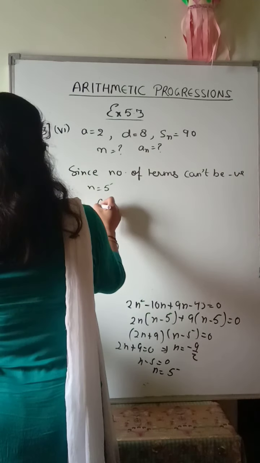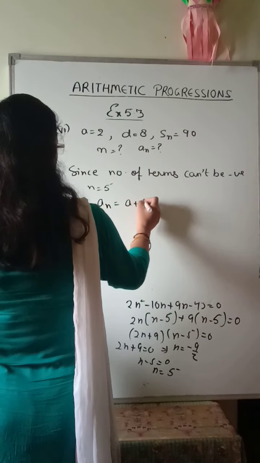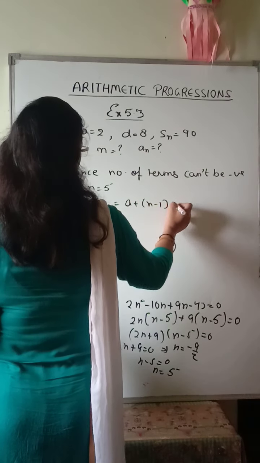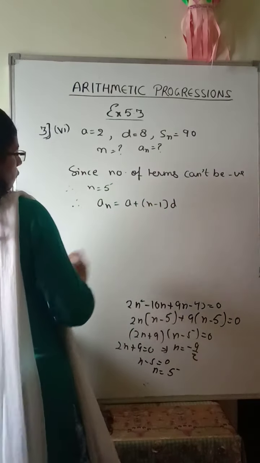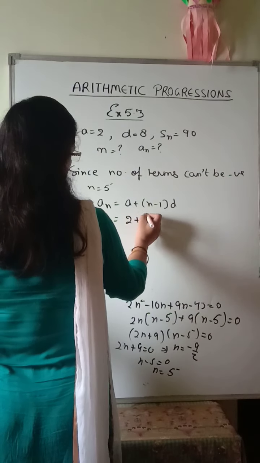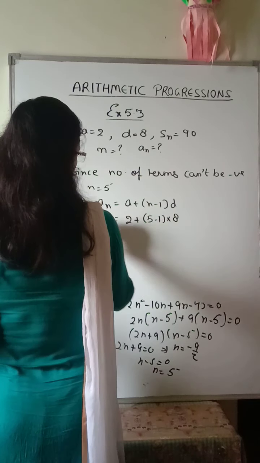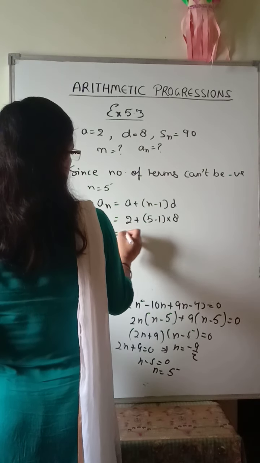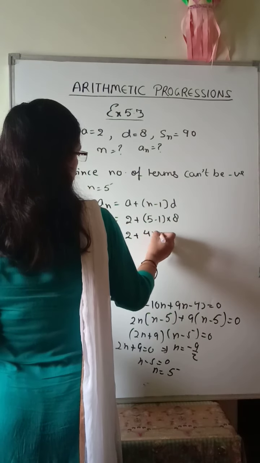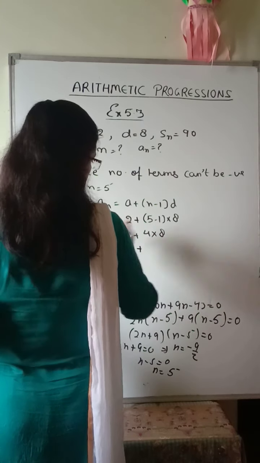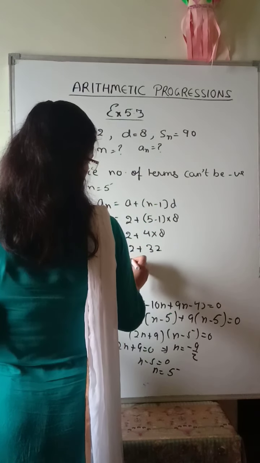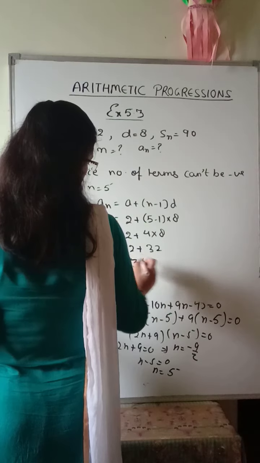So a nth term equals a plus n minus 1 into d. What is a? 2. n we got 5. What is d? 8. So nth term we will get, last term, 2 plus 4 into 8, 2 plus 32. So that means nth term is 34.